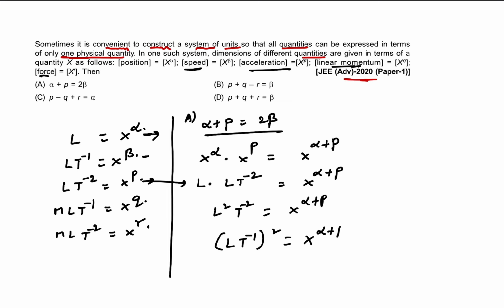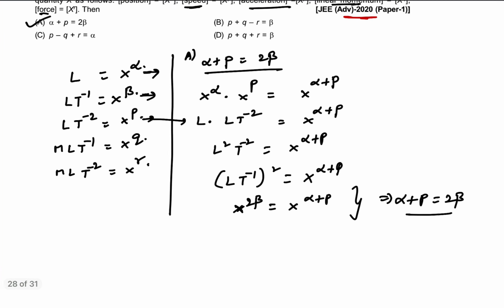We can write (L t power minus 1) whole square is equal to x power alpha plus p. L t power minus 1 is nothing but x power beta only. So x power 2 beta is equal to x power alpha plus p, and from this alpha plus p is equal to 2 beta. First option is the correct option.